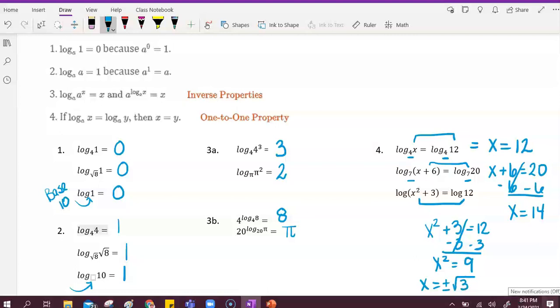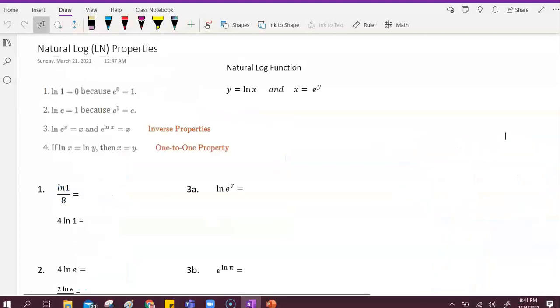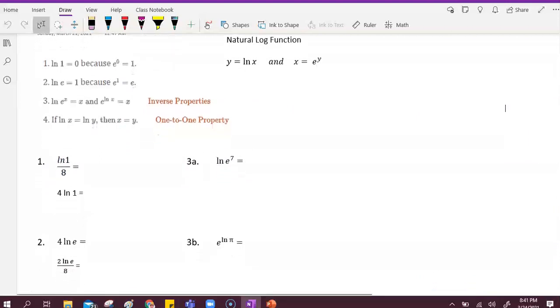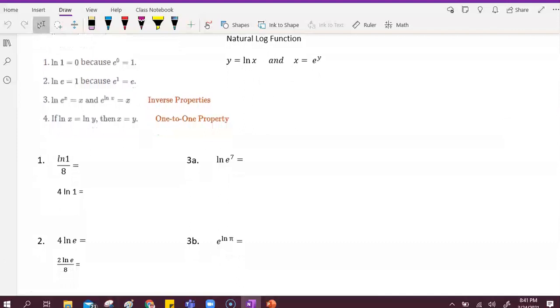Logarithmic properties. Next, we have natural log properties. Natural log is going to be denoted by ln. So we have 4 natural log properties here to go over. In number 1, the natural log of 1 is always 0.